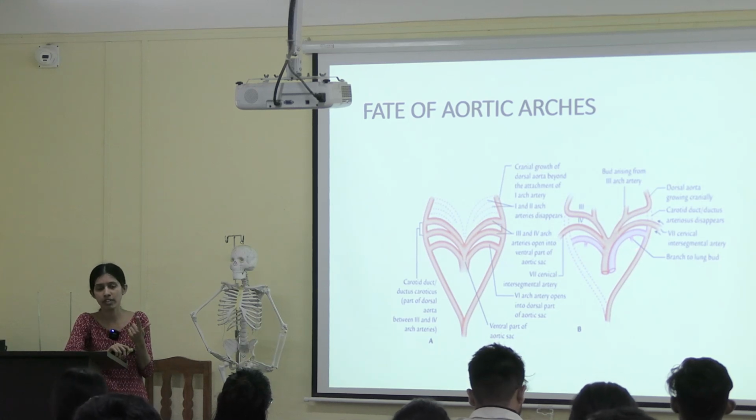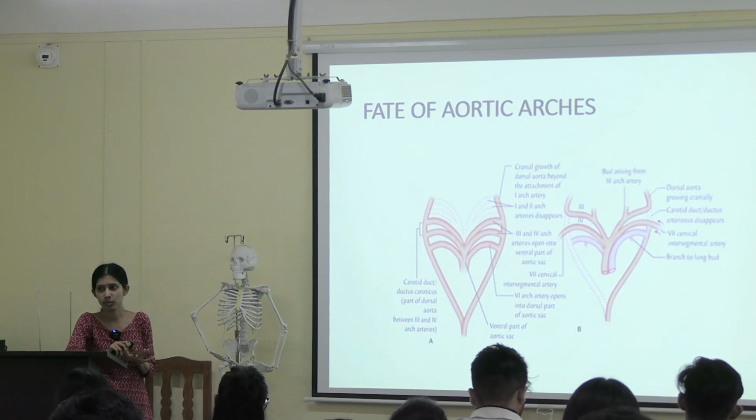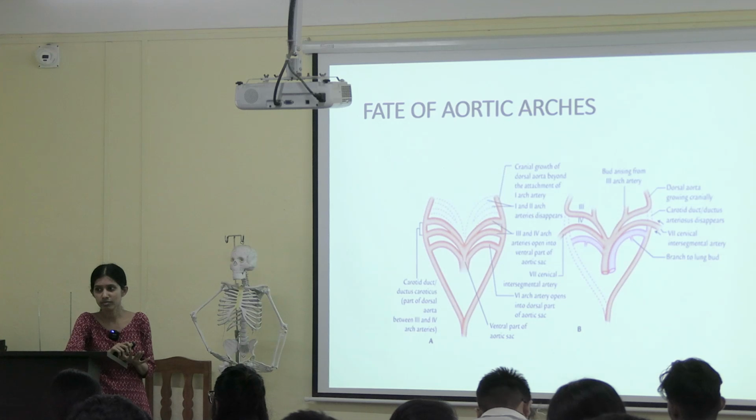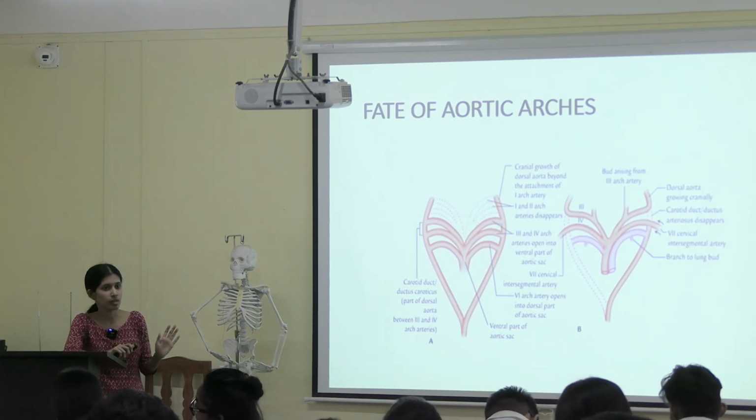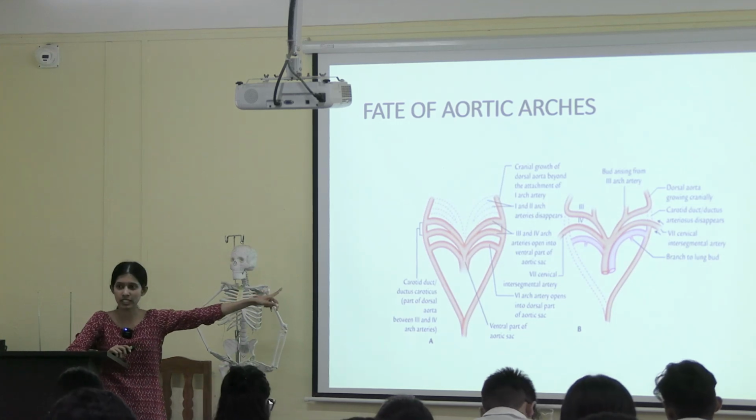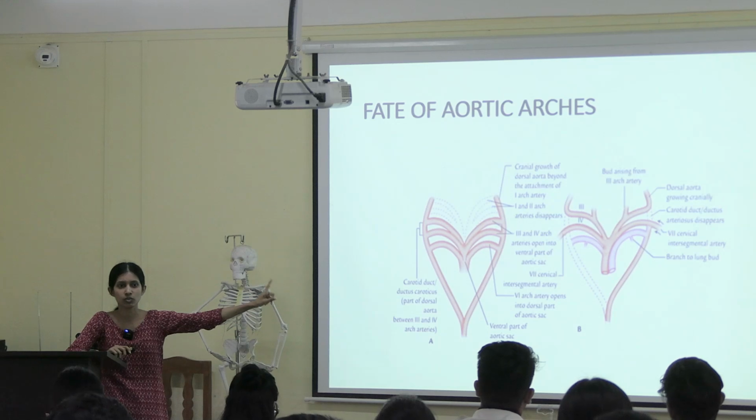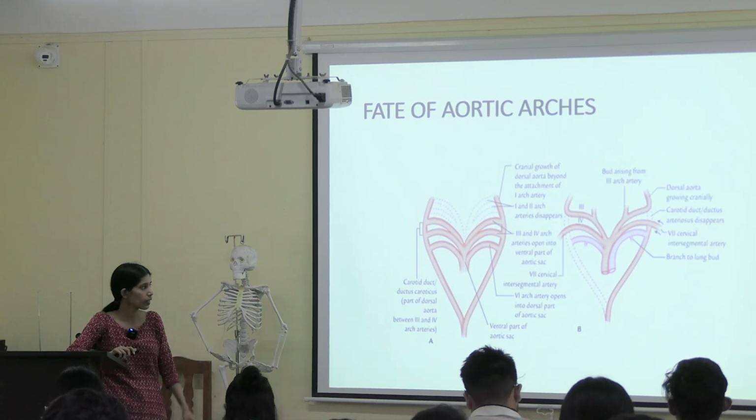And the left subclavian artery is formed by the 7th cervical intersegmental artery. Is it clear now at least? Okay. Let me go for the 6th one. After finishing the 6th one, I will explain once again, okay?